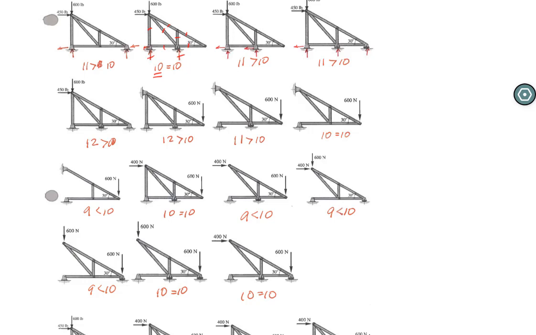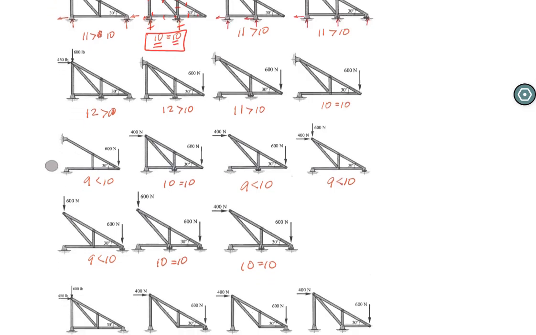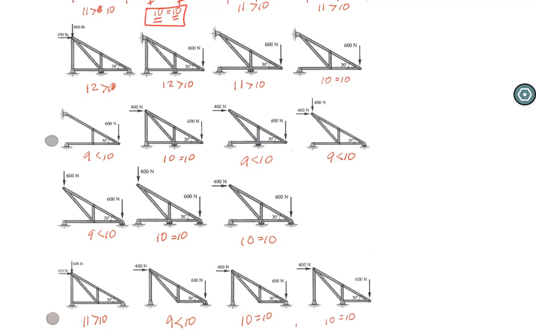Now let's count the number of joints. That's actually going to be the same as it was before: 1, 2, 3, 4, 5. So 10 is equal to 2 times 5. And so in this case, this is okay. This is properly constrained. And again, you can walk through all of those and get to the rest of them, and you can see that some of them are and some of them aren't.